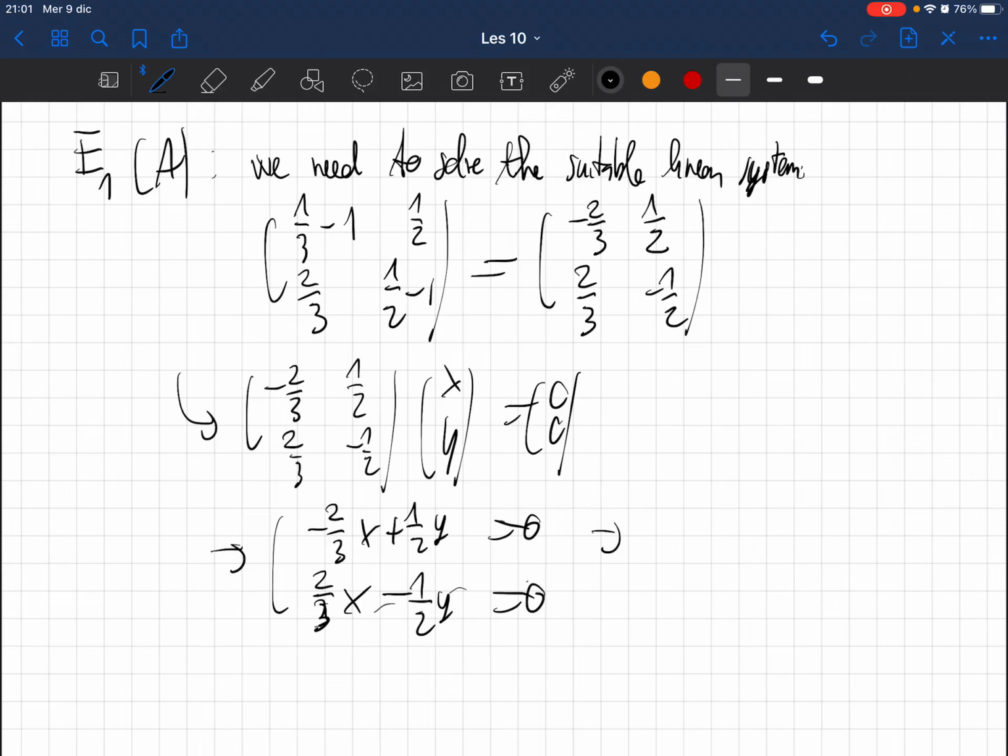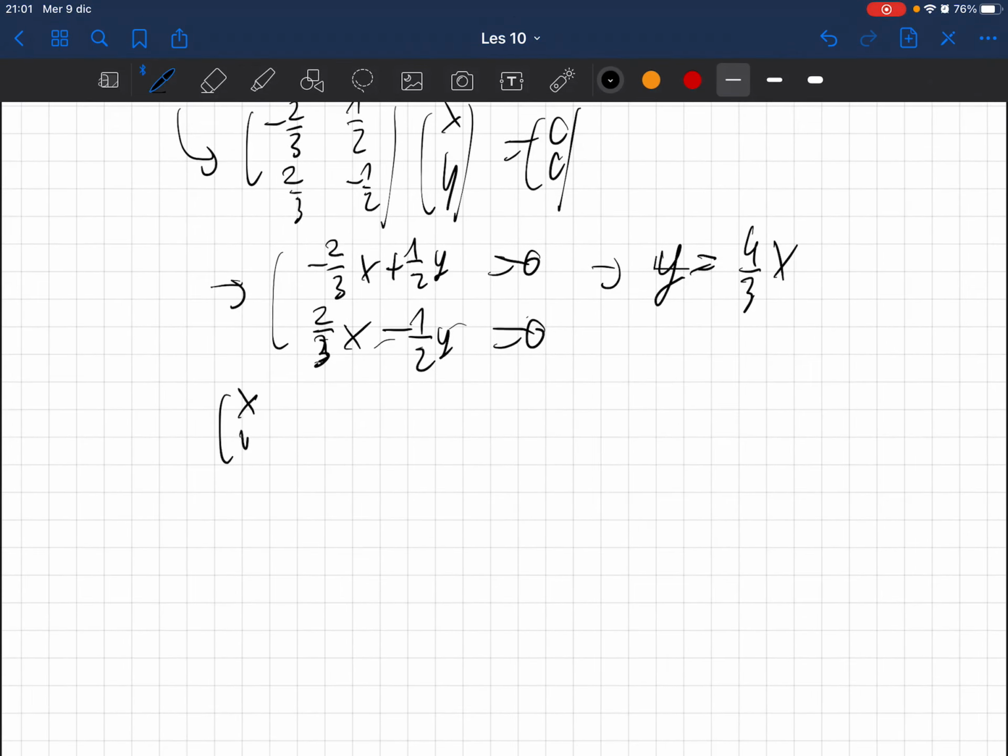So from this one can find that y is equal to 4/3 x. So the general solution is (x, 4/3 x).